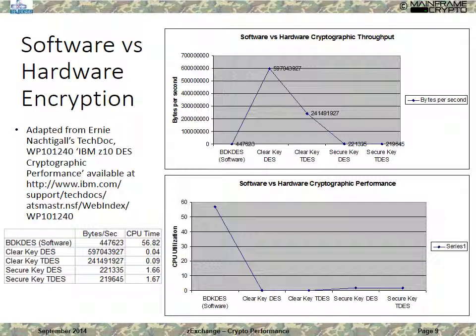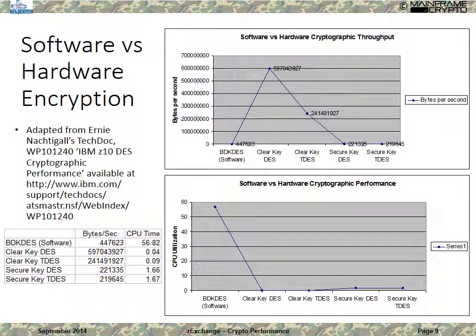With that routine, he was able to encrypt about 450,000 bytes per second. So that 24 megabyte file took almost a full CPU minute to encrypt the whole file, 56.82 CPU seconds.